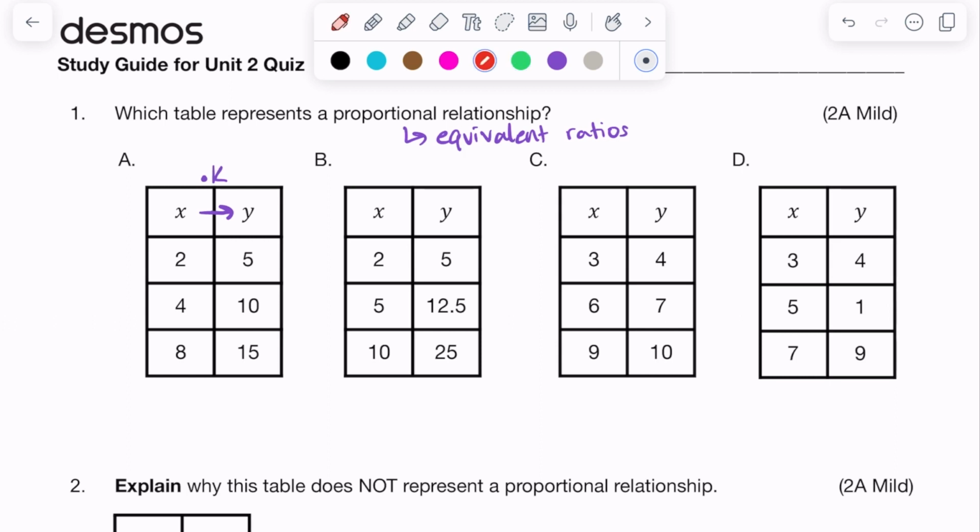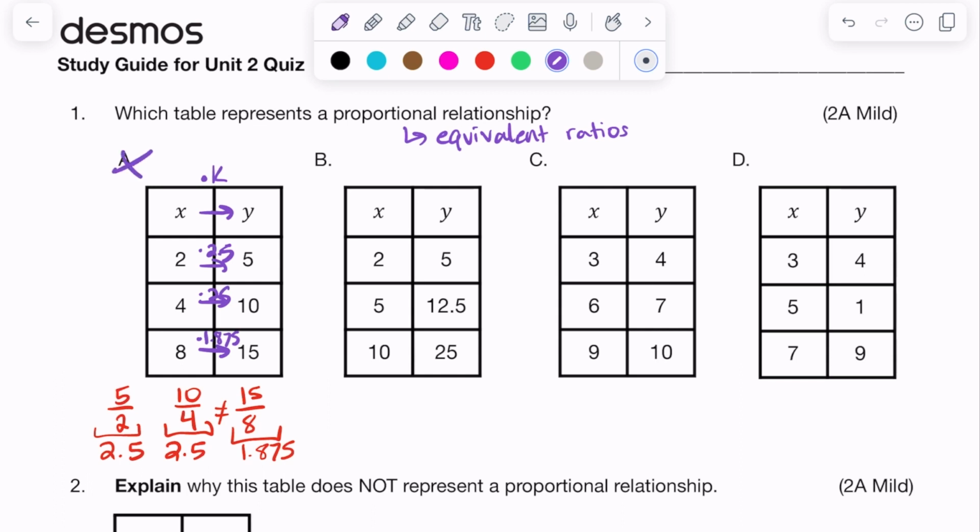So if I do that for A, I can do 5 divided by 2, 10 divided by 4, and 15 divided by 8. 5 divided by 2 is 2.5, 10 divided by 4 is 2.5, but 15 divided by 8 is not 2.5, that's going to be 1.875. Since those are not equal, we don't have a constant k, right? This would be times 1.875, but this would be times 2.5, not the same, so not A.